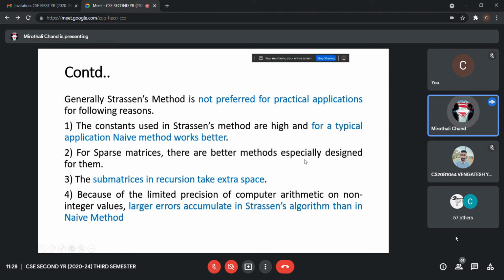But still, due to this time complexity, in case of programming and in case of machine-based calculations, we will be using this Strassen's method. These submatrices in recursion take extra space, and it could give large errors in case of non-integer values when compared to the naive method, that is the normal matrix multiplication method.